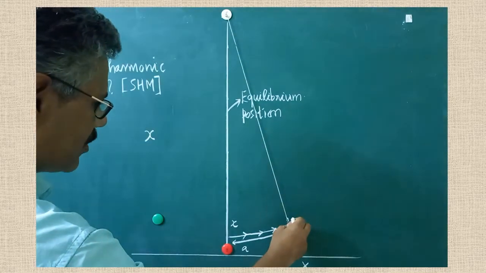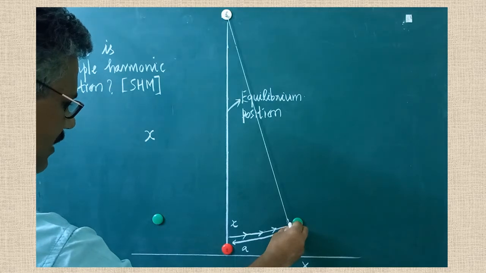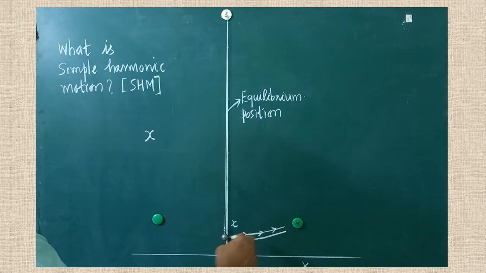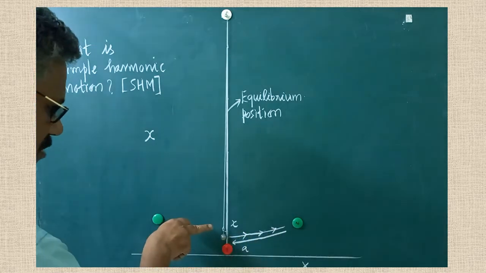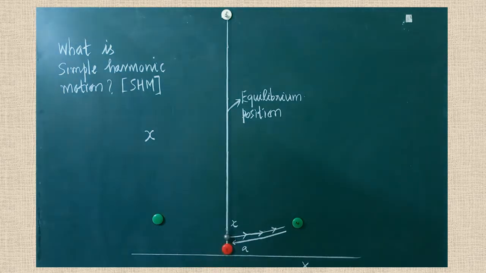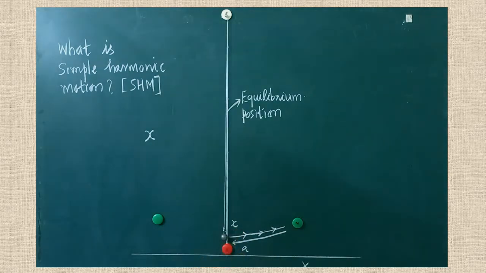Are you clear? The acceleration acting on the particle also increases. So displacement is taking place in this direction, acceleration is taking place in this direction. Always the displacement and acceleration will be acting in opposite directions.